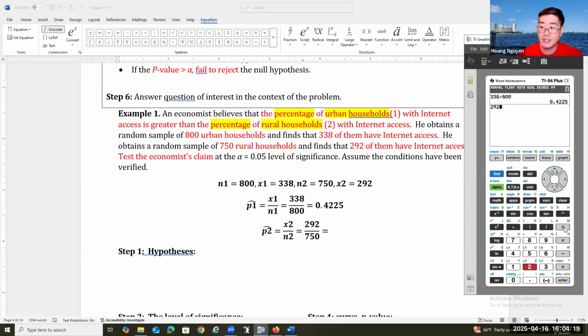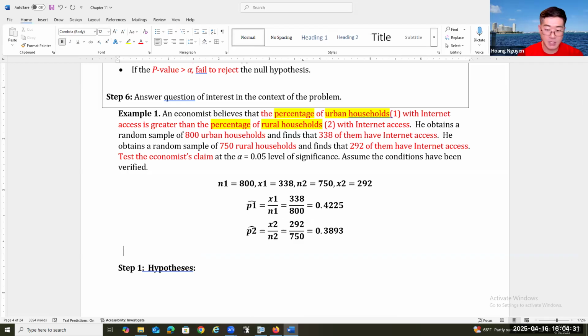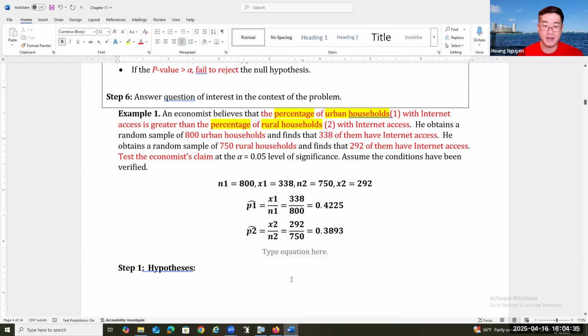292 divided by 750 is 0.3893. And then I'm going to do the other calculation, which is the p hat, the pooled common proportion.